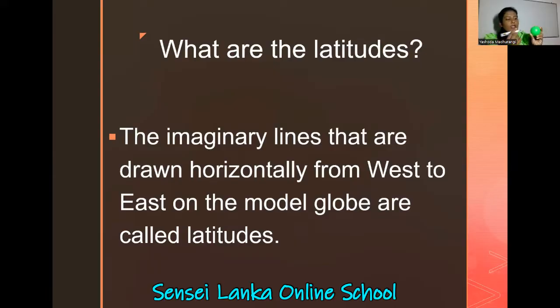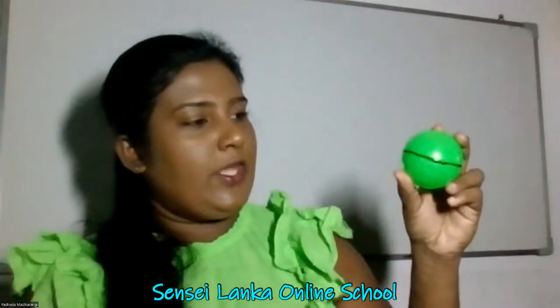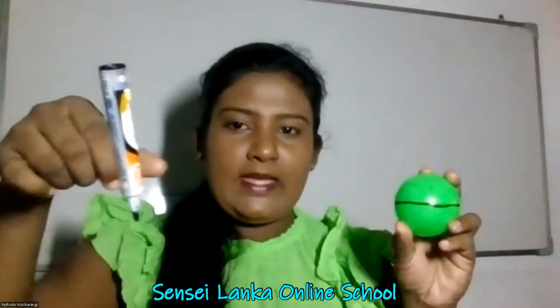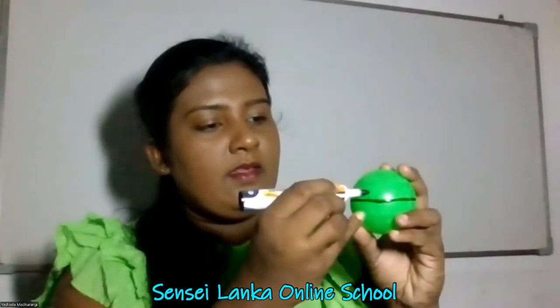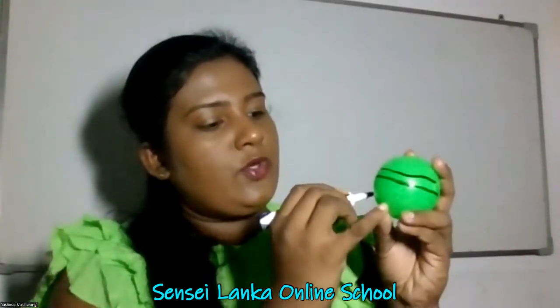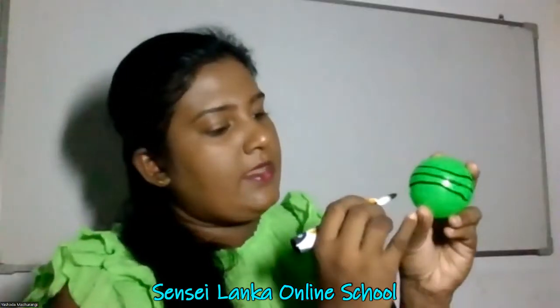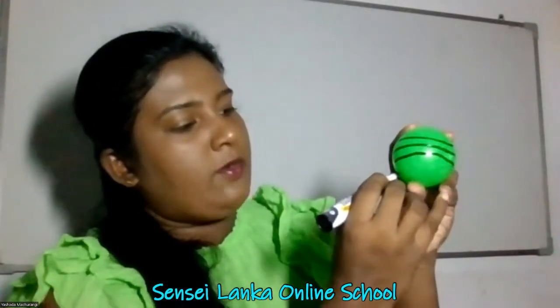So now we are going to draw these imaginary lines. Look at the way I am doing it. Now you can see it very clearly. On this ball, you can take a marker pen like this. You can draw the lines like this. What are the two directions I am drawing? Look at this.